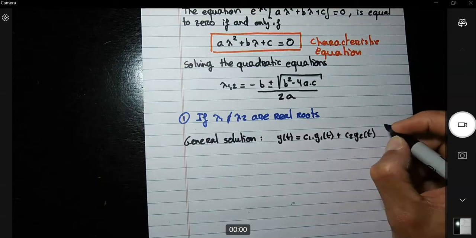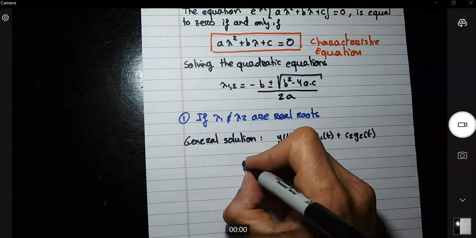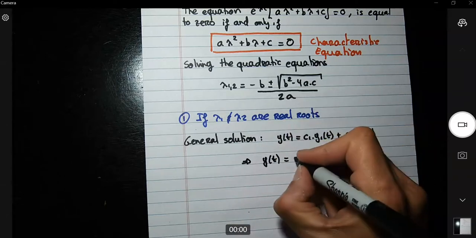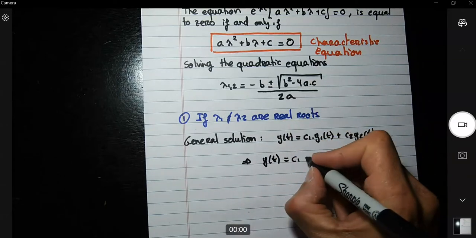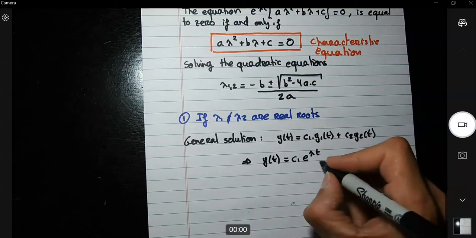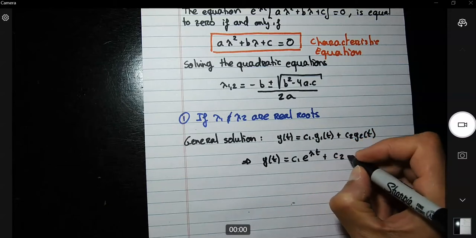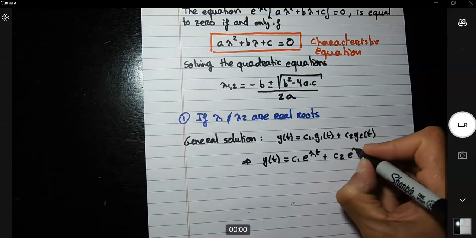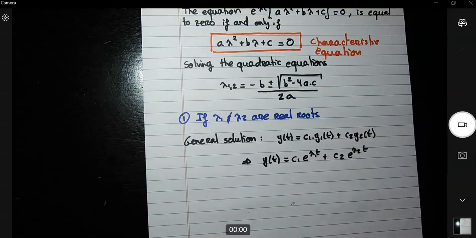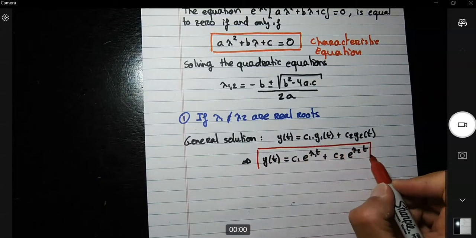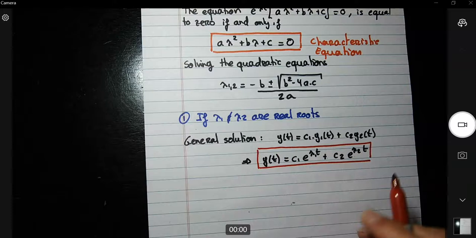This is the principle of superposition, but in this case, for us, since we have two roots, we can have C1 e lambda 1 t plus C2 e lambda 2 t. Okay? So this is the solution when the two roots are real.